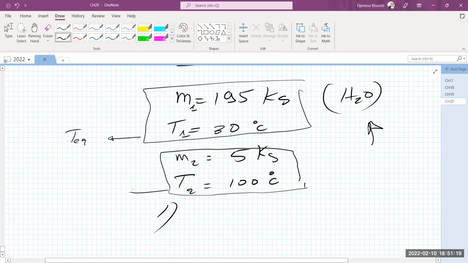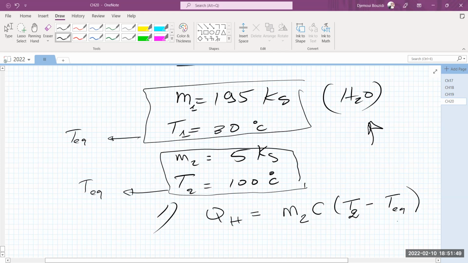This temperature goes from T2 to T of equilibrium, so that the heat that you lose from the hot source, QH, is equal to M2 times C, it's the same C, by the way, times delta T. And delta T in this case is T final, which is T of equilibrium. I'm sorry, T initial, which is higher. Okay, so I'm going to call it T2, just taking the absolute value now, minus T of equilibrium.